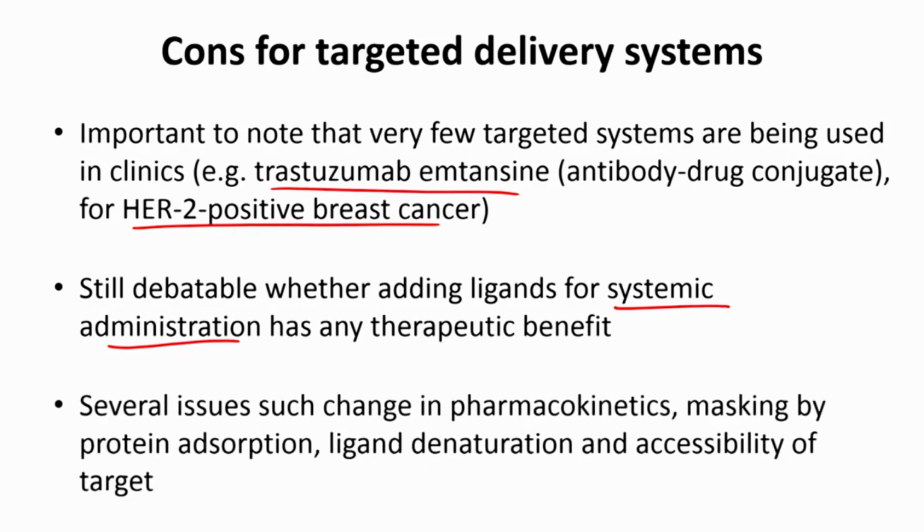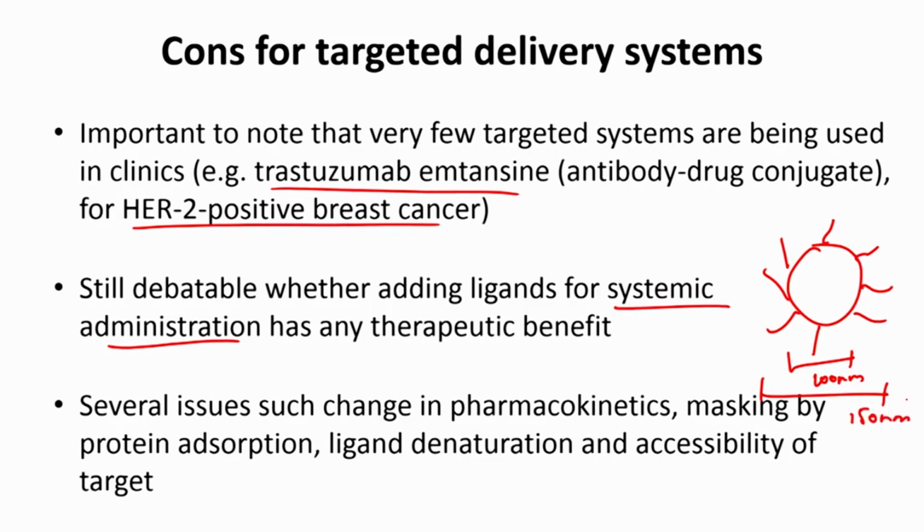There are several issues such as once you add a targeting moiety on your particles, you have now increased the size. So, maybe earlier the size was about 100 nanometer, now the size has become 150 nanometer. So, that causes change in pharmacokinetics. These peptides can get masked by protein adsorption.